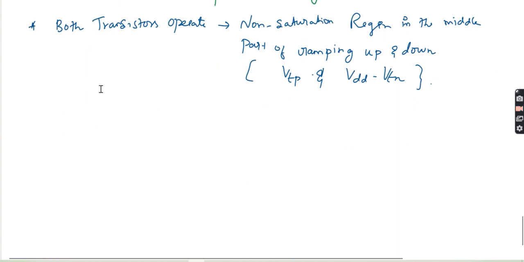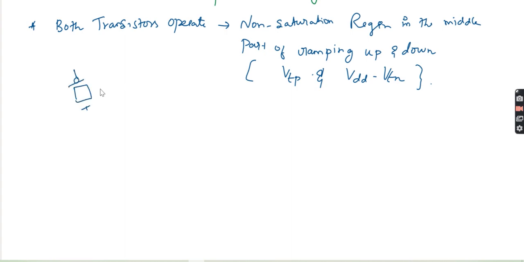As we mentioned here, both the transistors will be operating in non-saturation, meaning this transmission gate will be turned on with minimal resistance. As we know, in the transmission gate the PMOS will be connected to ground and the NMOS will be connected to VDD. So both the devices, the P and the N, will be in the triode region.